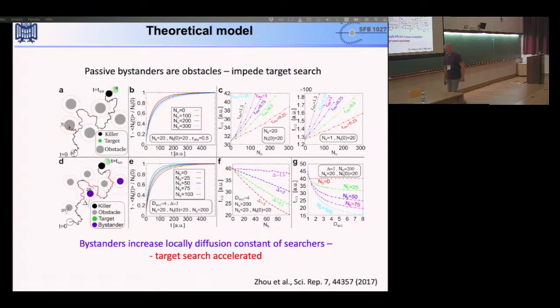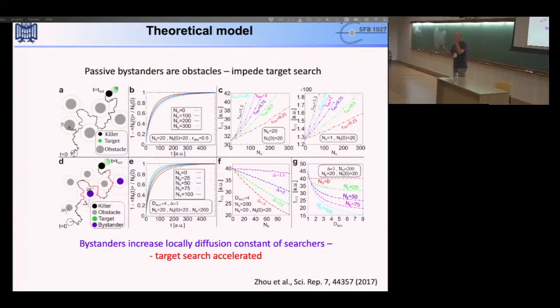When T cells are in their vicinity, the bystanders would be able to, let's say, accelerate the T cells through some biochemical mechanism. This is the prediction of this model. We define a region around each bystander in which the diffusion constant of the T cell is increased.